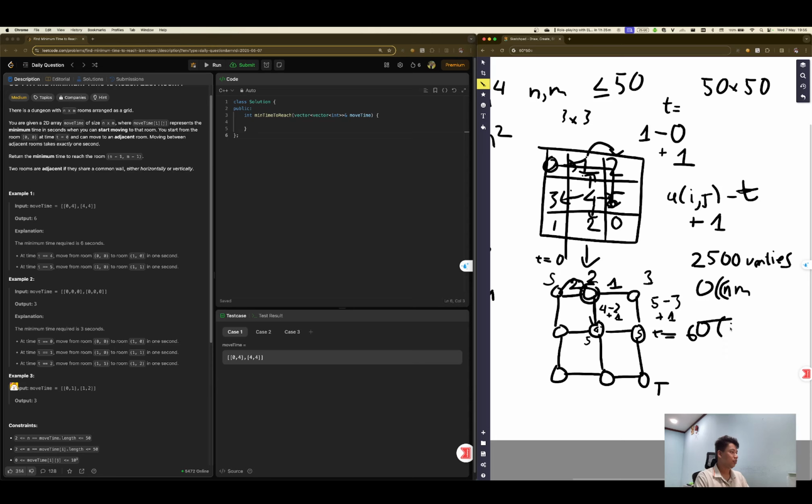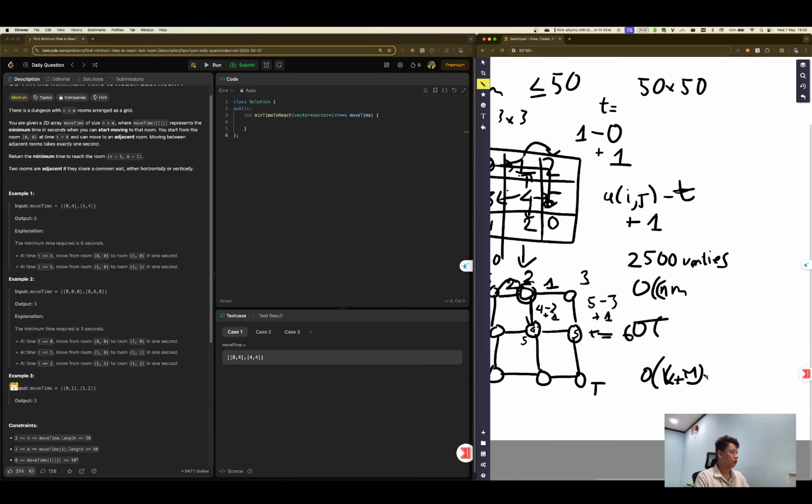O of (V plus E) multiplied by log V, where V is the number of vertices and E is the number of edges, if you use Dijkstra with a priority queue.